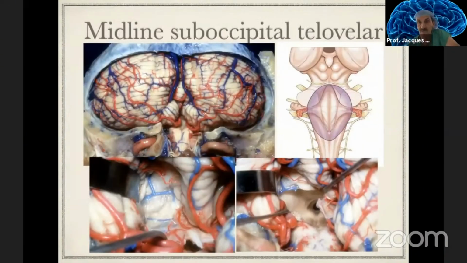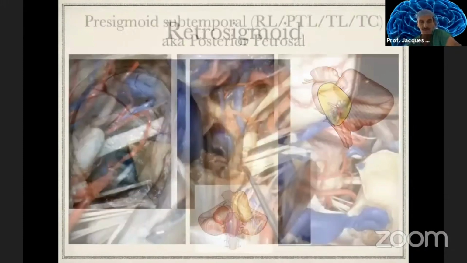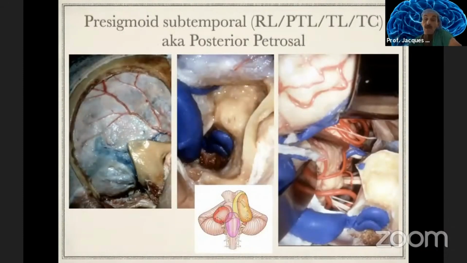Midline suboccipital telovelar, of course, is excellent for the floor of the 4th ventricle. We should not forget the very useful retrosigmoid approach with all its variations, and I'll show you a video of one variation later.